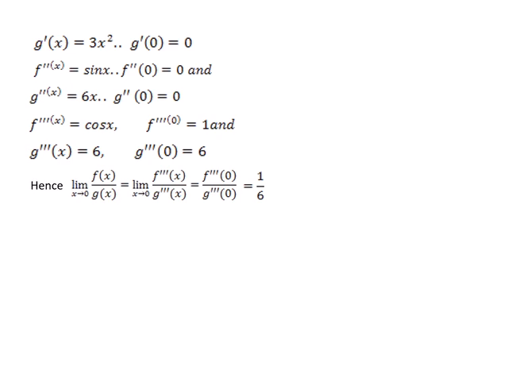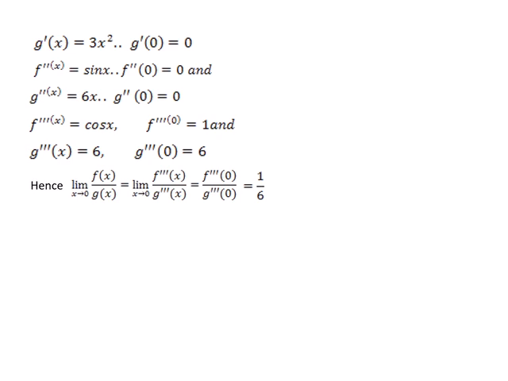Differentiating f(s) further, we have f triple prime of s. Differentiating sin s, we get cos s. Substituting s as 0, cos 0 gives 1, so f triple prime of 0 is equal to 1. Then we differentiate g(s) a third time.